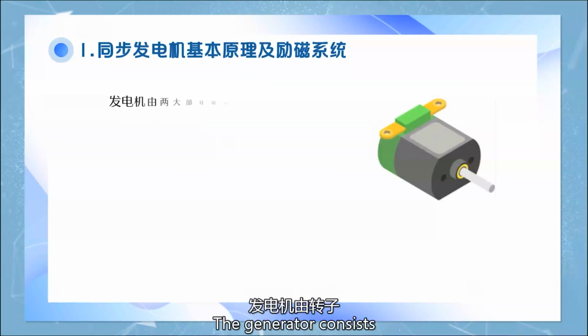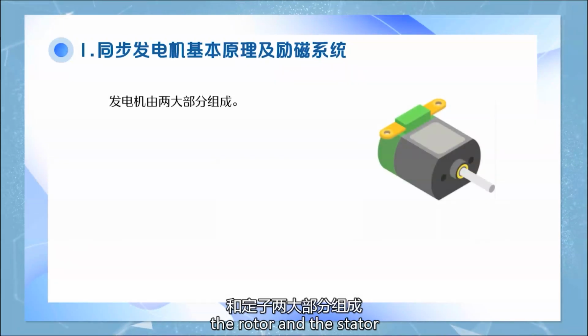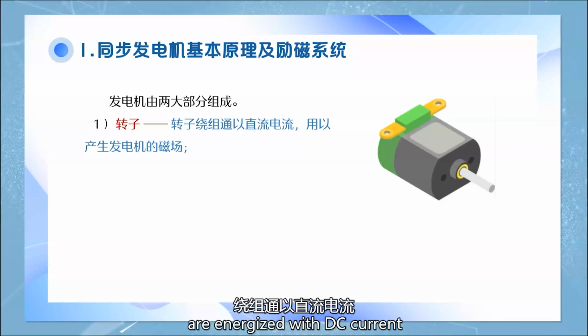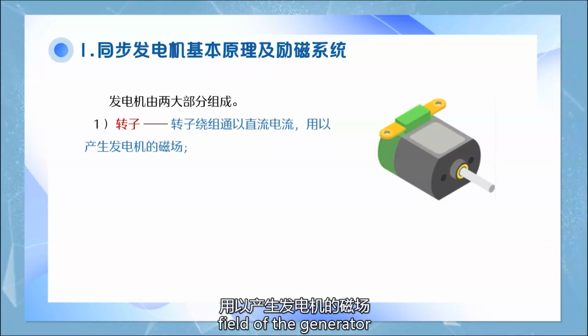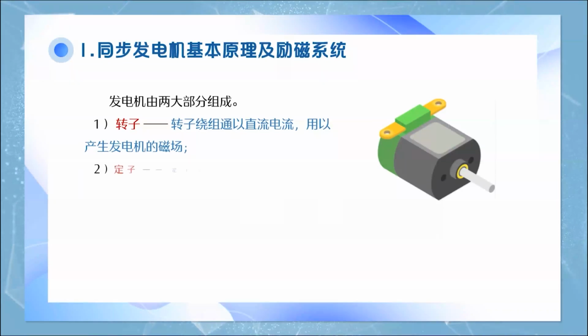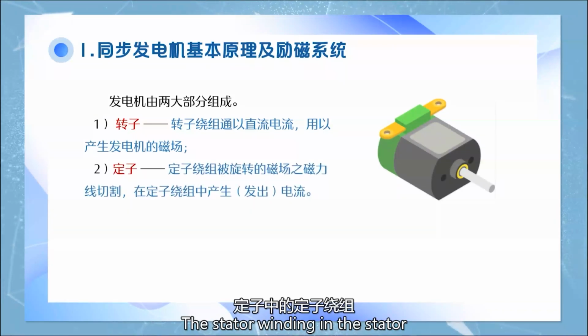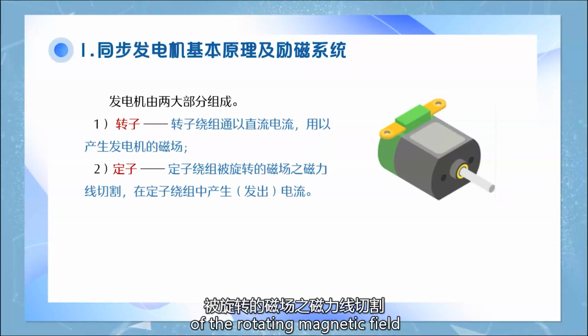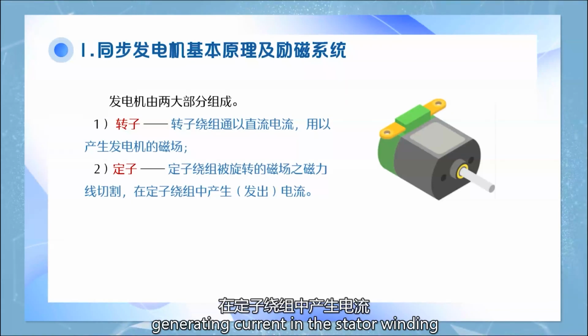The generator consists of two main parts, the rotor and the stator. The rotor winding in the rotor is energized with DC current to generate the magnetic field of the generator. The stator winding in the stator is cut by the magnetic lines of force of the rotating magnetic field, generating current in the stator winding.